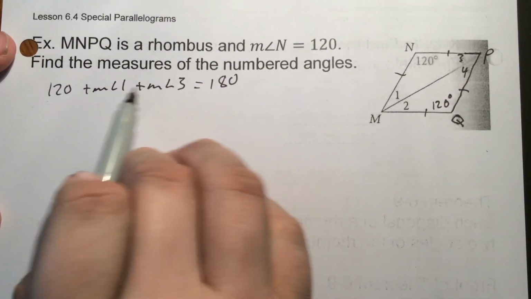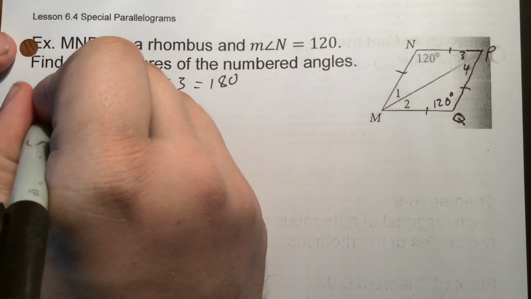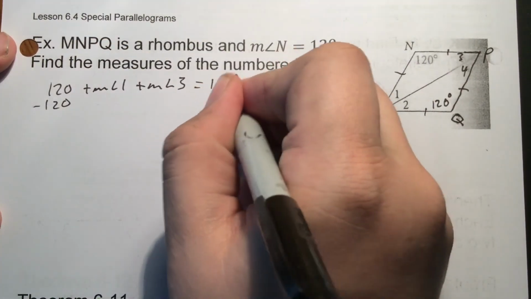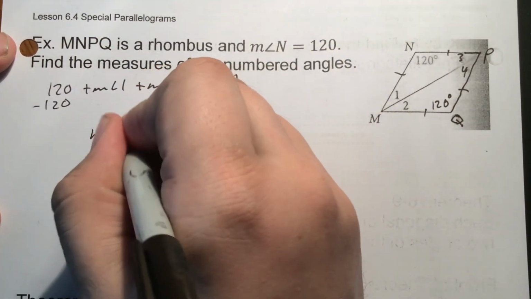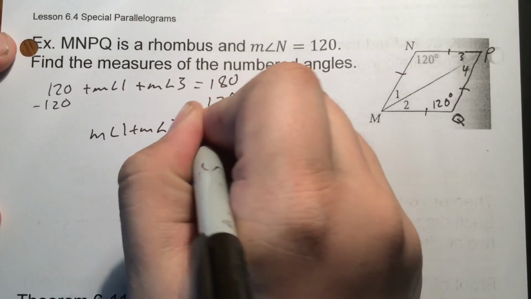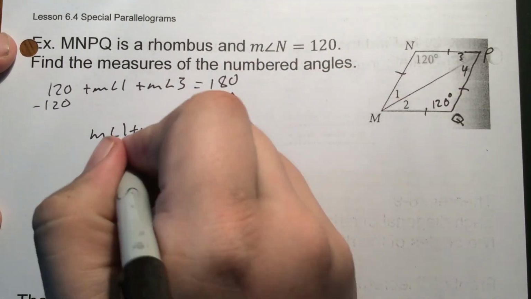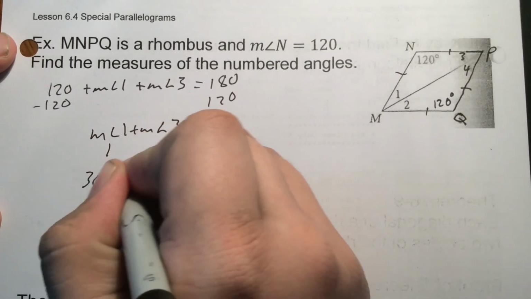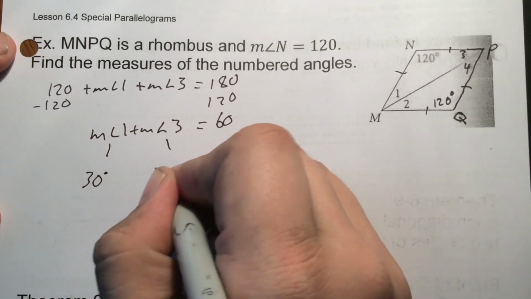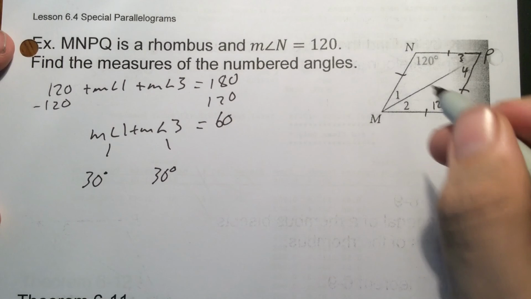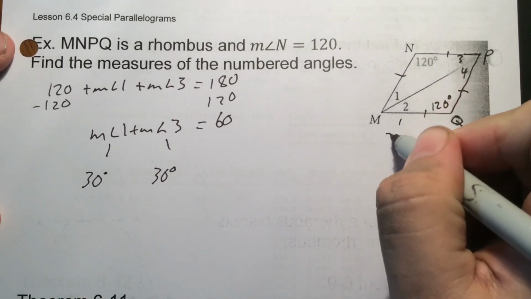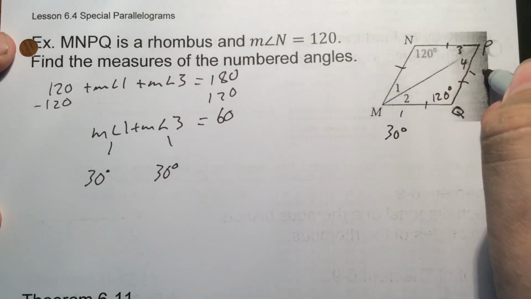Now we know these two are the same, so if we subtract our 120 away, the measure of angle 1 plus the measure of angle 3 has to be 60. So if they're the same, they each have to be half. So this one will be 30 degrees, this one here will be 30 degrees. Same thing on the other side: 2 would be 30 degrees, so would 4.